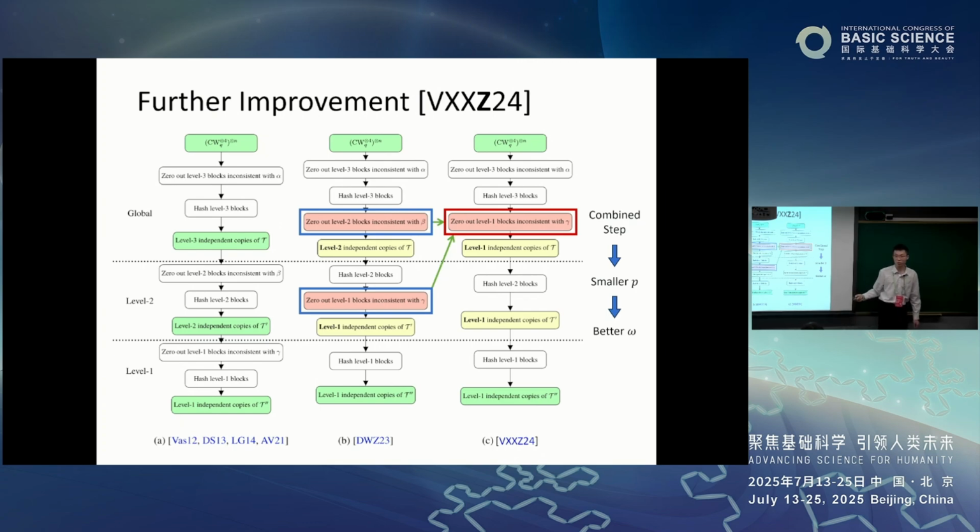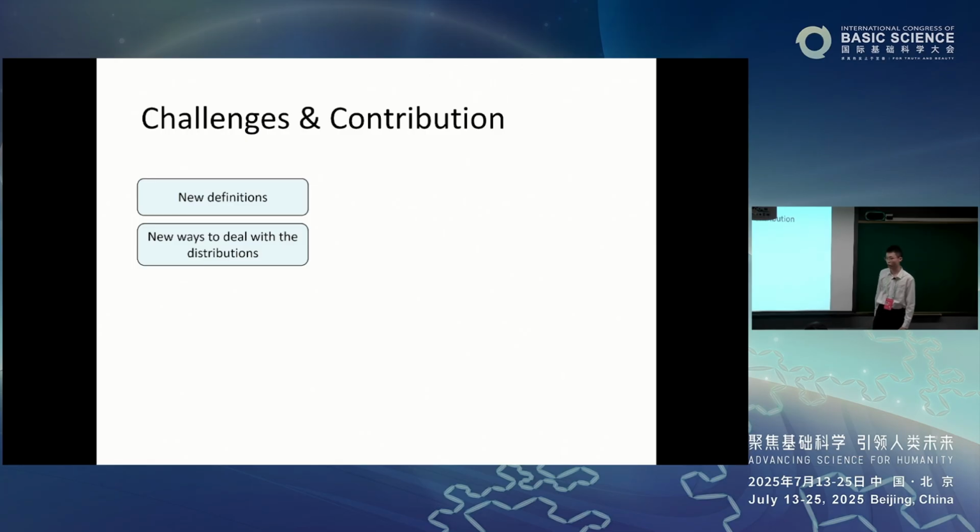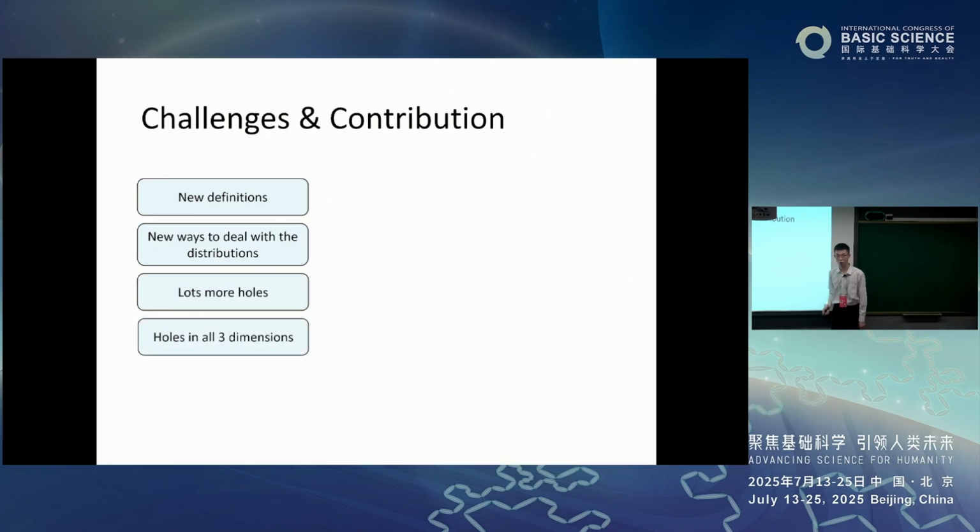But it turned out that we were all wrong, that combining those steps into the new step will create a lot of challenges that we need to overcome. We started with the new definitions and new ways to deal with the distributions, which are the reason why we get better bounds on the parameter P. But those modifications in the algorithm create additional issues.